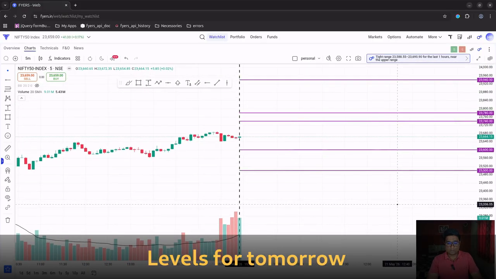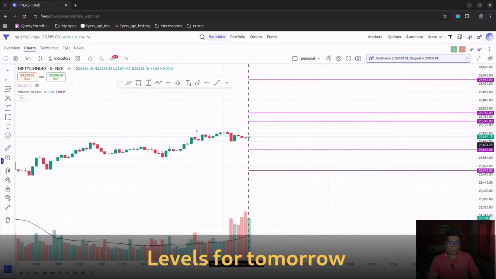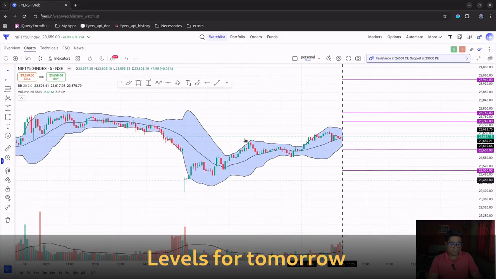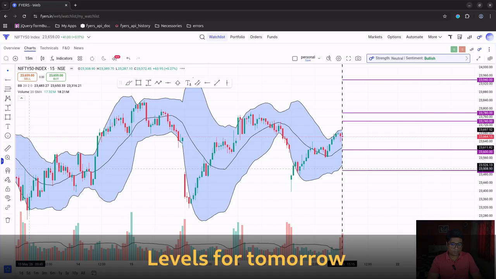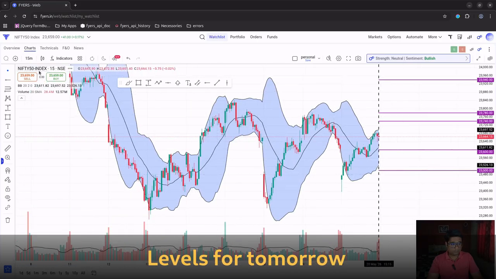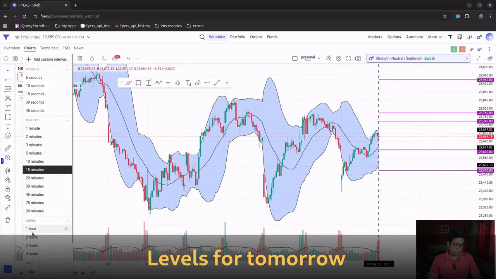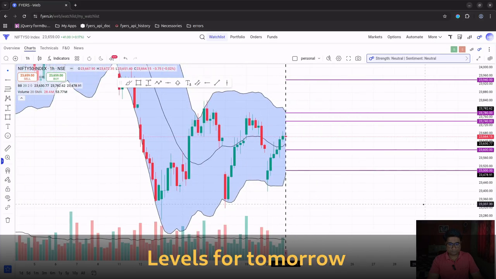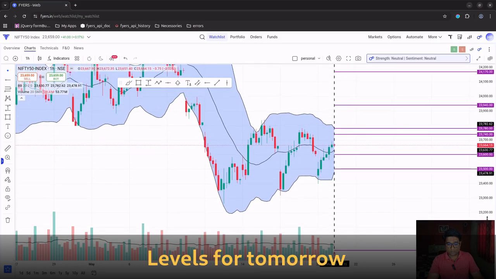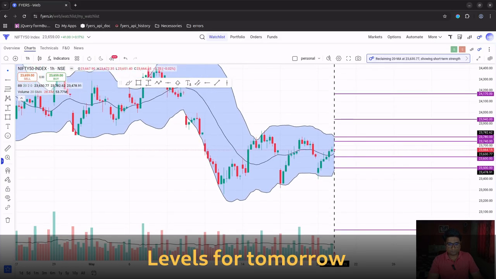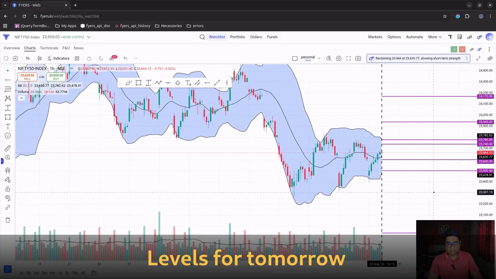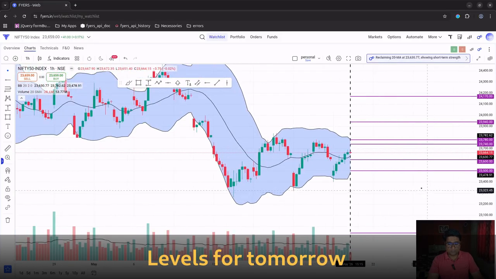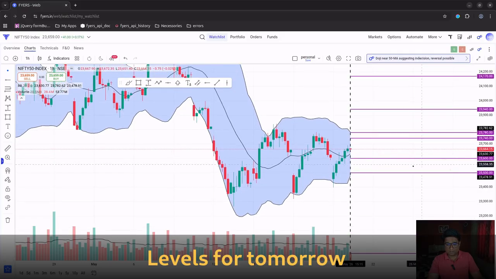Let me see the Bollinger Bands, higher levels, 1 hour. See the Bollinger Bands.